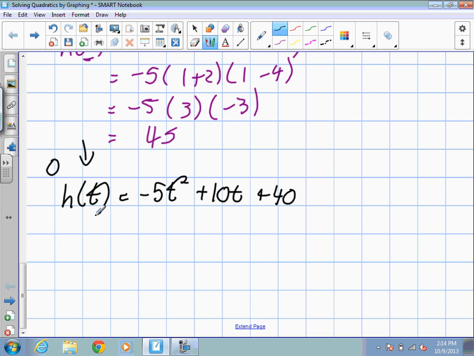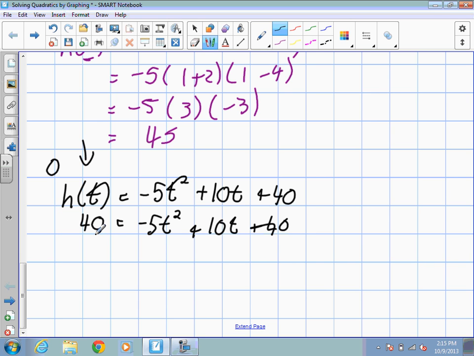40 is equal to negative 5t squared plus 10t plus 40. In order for this to work in terms of our factoring, we actually have to set it equal to 0. So I'm going to move that 40 to the right side of the equation.